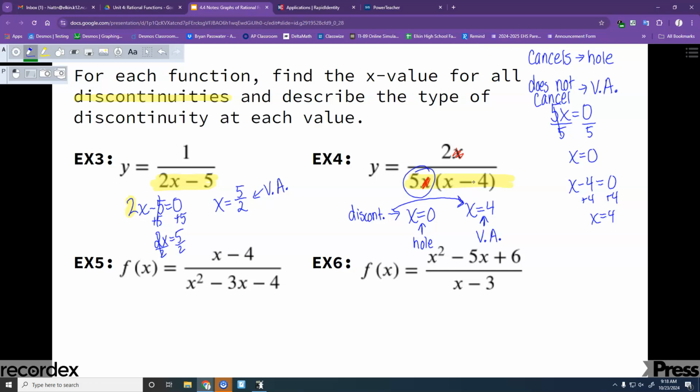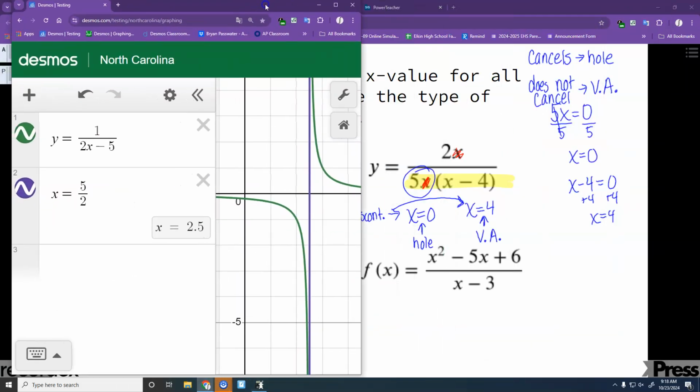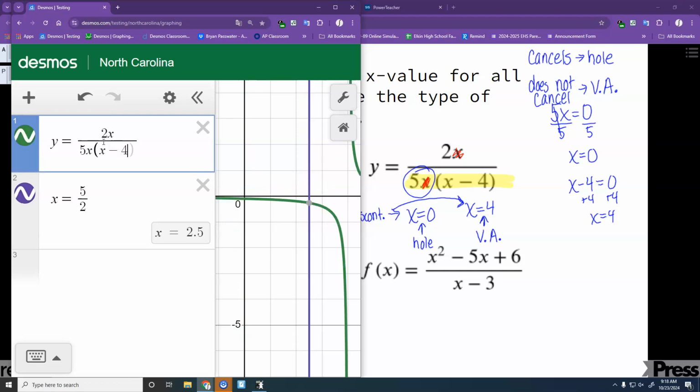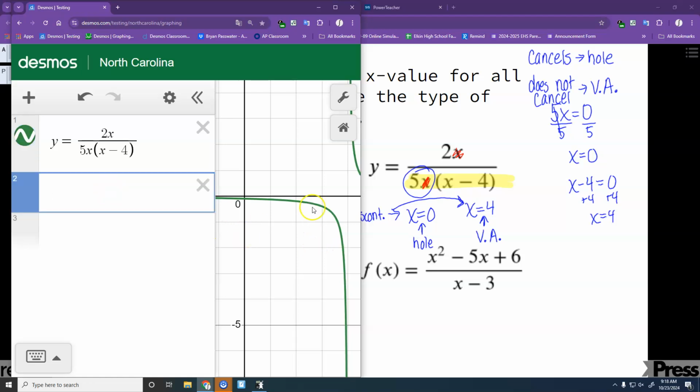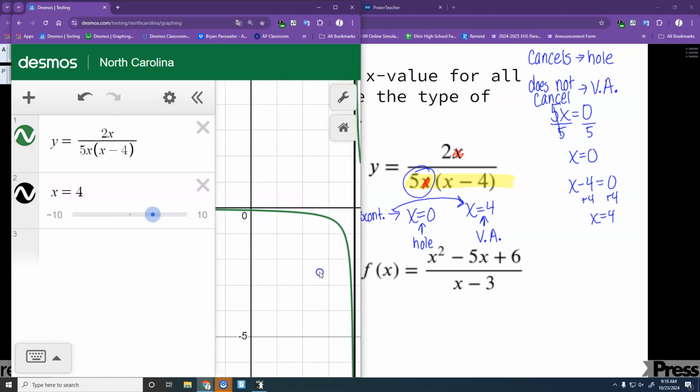Okay, let's check it on Desmos and see. I've got y equals 2x over 5x times x minus 4. If I look at that, if I've got x equals 4, that definitely looks like a vertical asymptote right there.